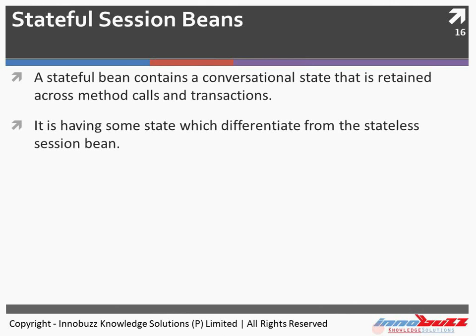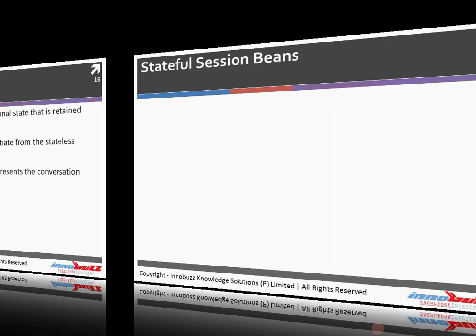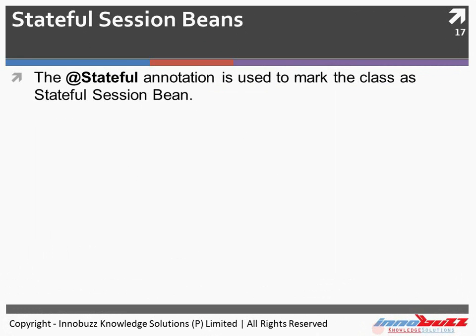It is having some state which differentiates it from the stateless session bean. The state of a stateful session bean represents the conversation between the client and the bean. It is like a one-to-one mapping. The @Stateful annotation is used to mark the class as a stateful session bean.